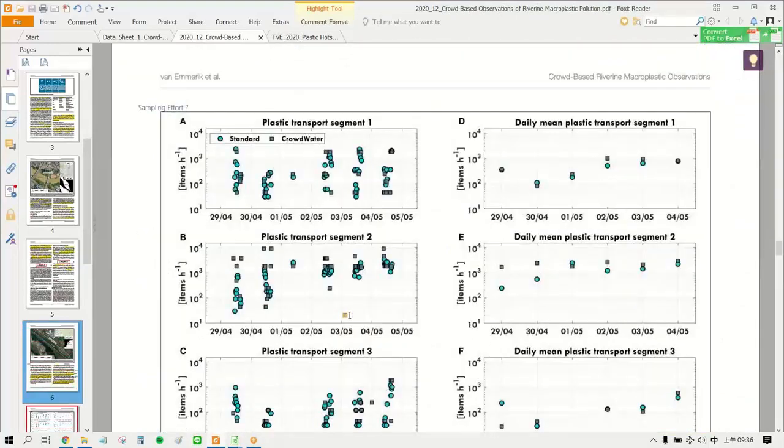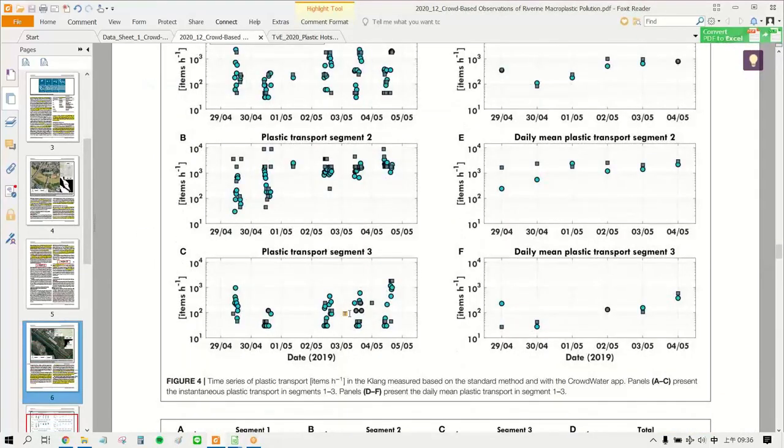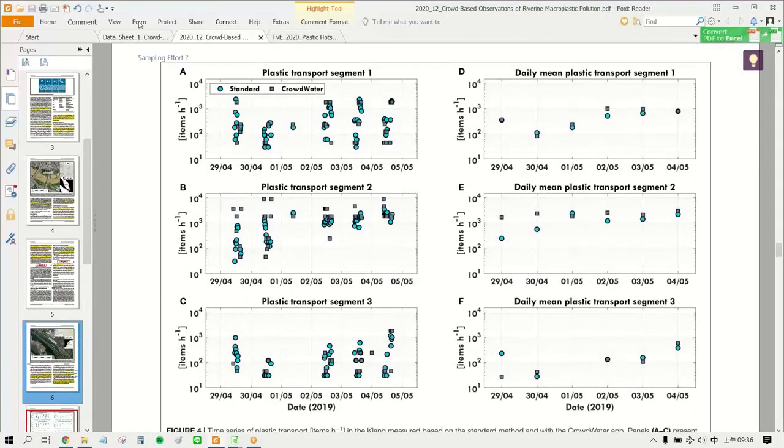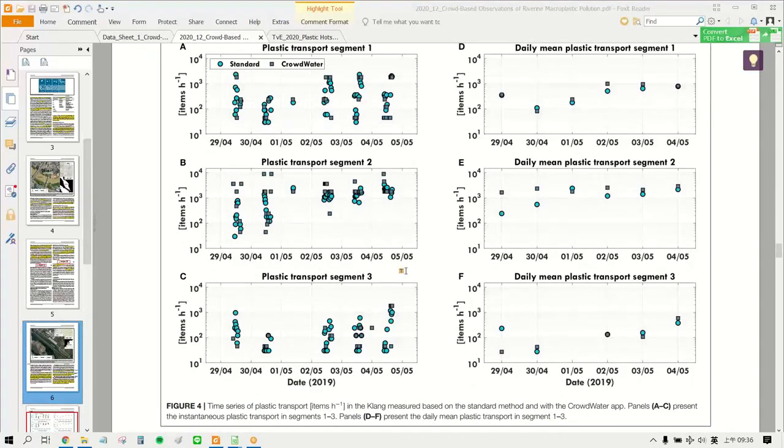Okay, so let's go to the result tables and figures. In figure 4, there are 6 figures, and all are related to floating plastic in the river in Malaysia. At the left side, the x-axis is the date. This survey was from the end of April to the beginning of May.